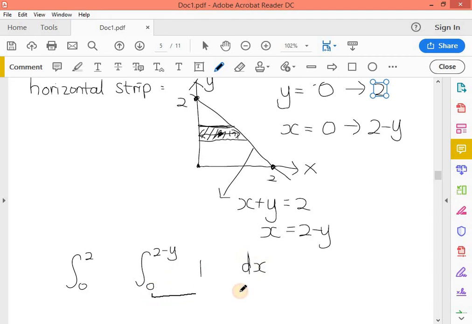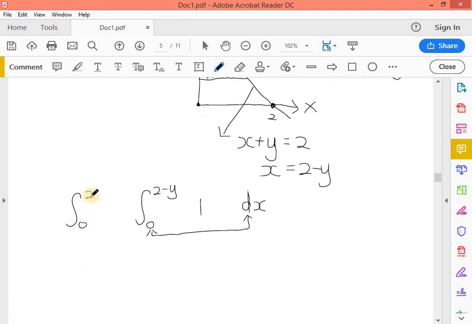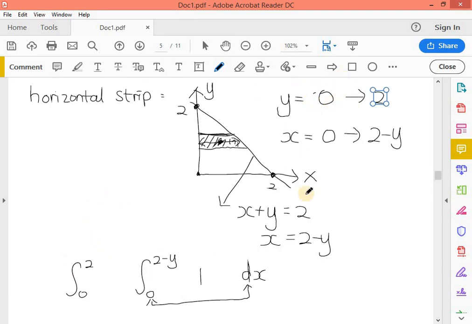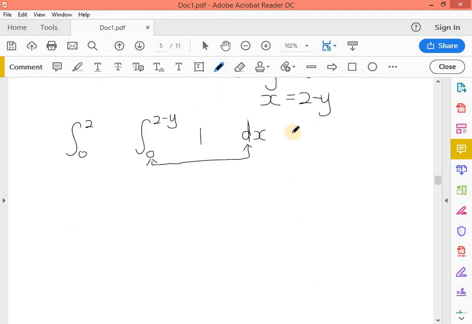They are matching, like husband and wife matching. 0, 2 minus y, dx is here. So 0, 2, see at the back? 0, 2 is dy. So it should be dy. They match.